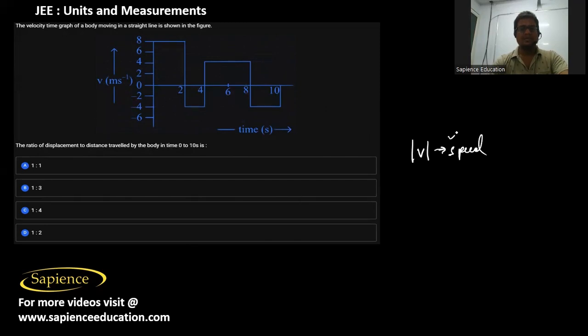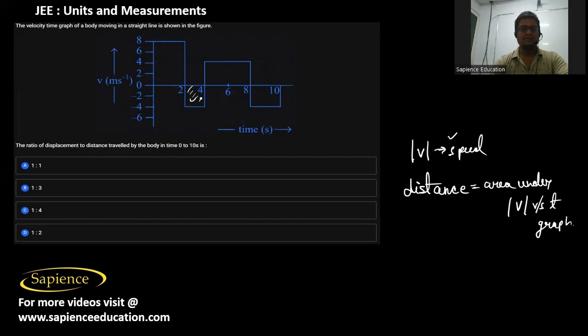So for the speed, we have to take these negative displacements as positive, since we have to take the distance traveled. So distance is actually the area under speed time graph. It means area under the magnitude of velocity versus time graph.